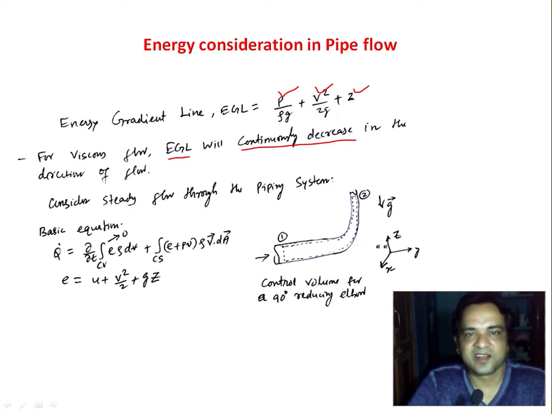That analysis we will do. We have considered a control volume for a 90-degree reducing elbow. The inlet cross section has a high area and the outlet cross section has a low area, and we will apply the first law of thermodynamics because we are doing the energy consideration.